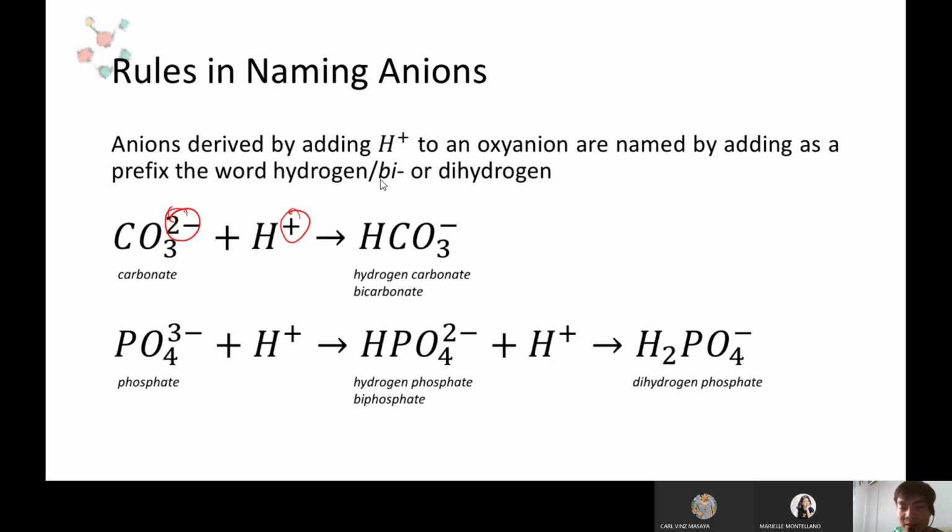We can also use the prefix bi: biphosphate, phosphate with a hydrogen attached.